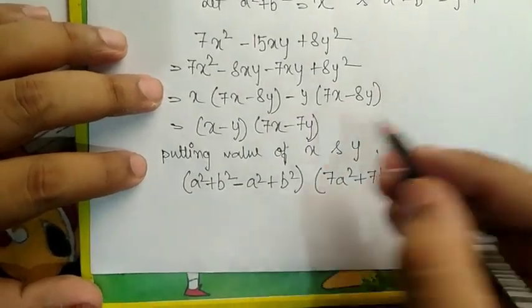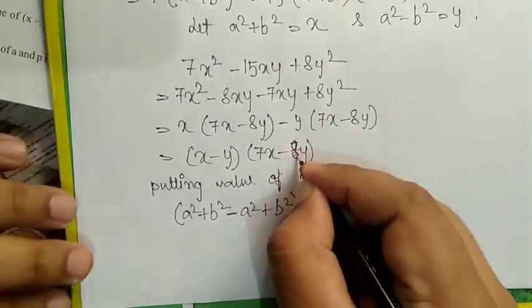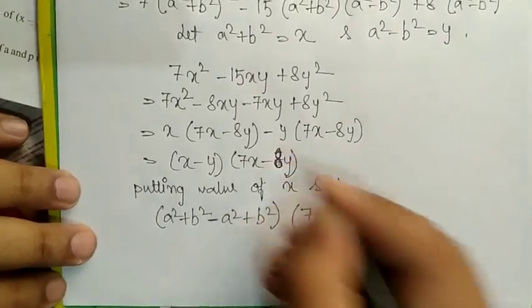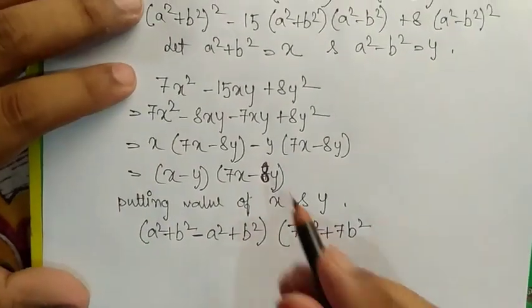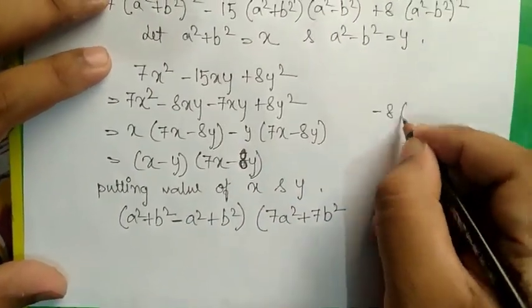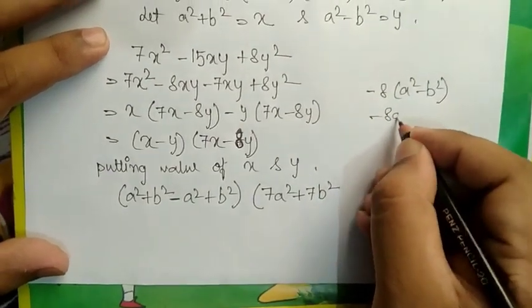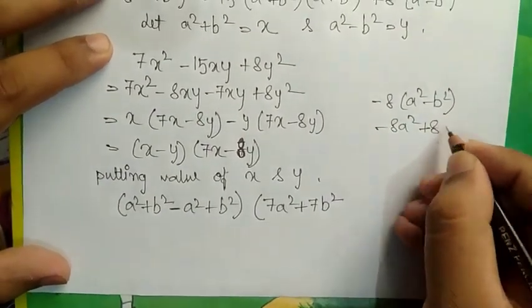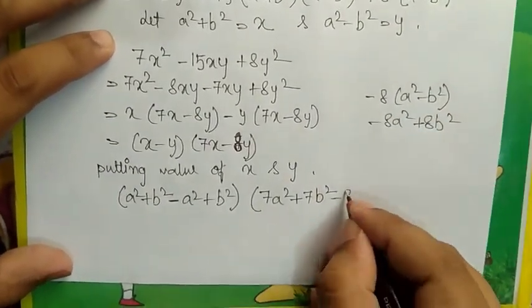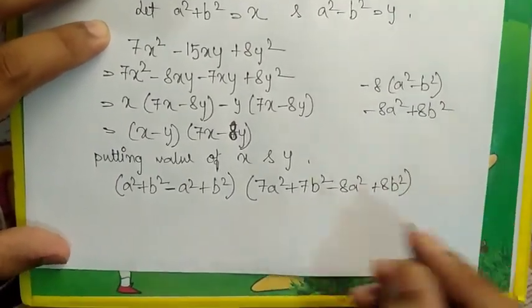Okay, this is 7x minus 8y, sorry, and after that this is minus 8y means minus 8 into (a square minus b square), opening those brackets, minus 8a square plus 8b square.